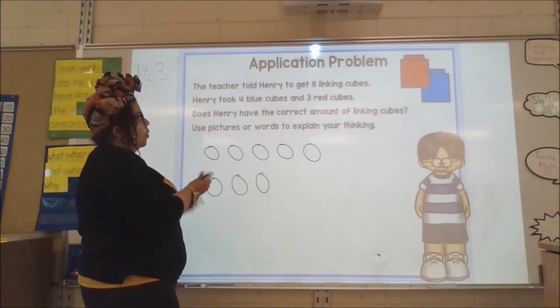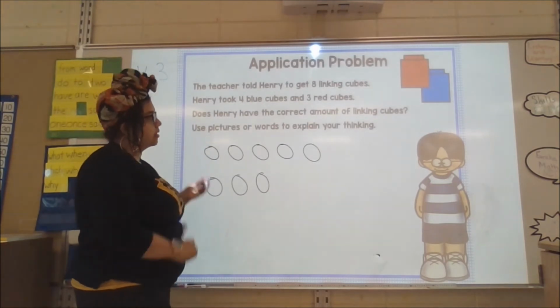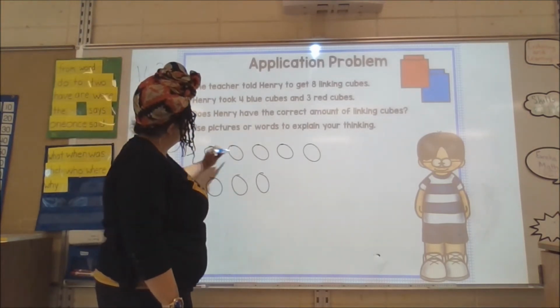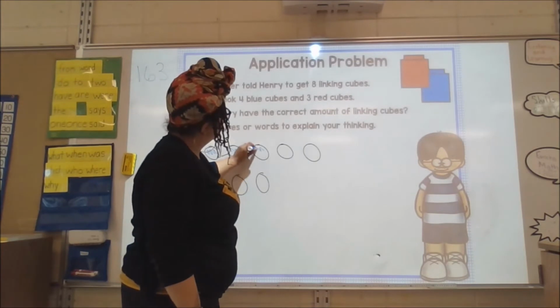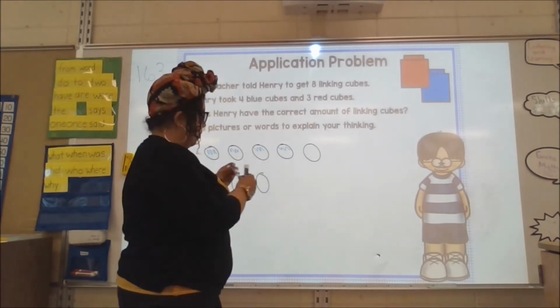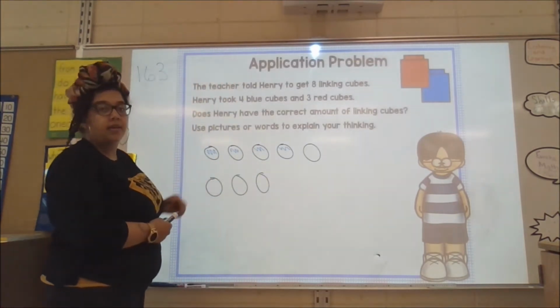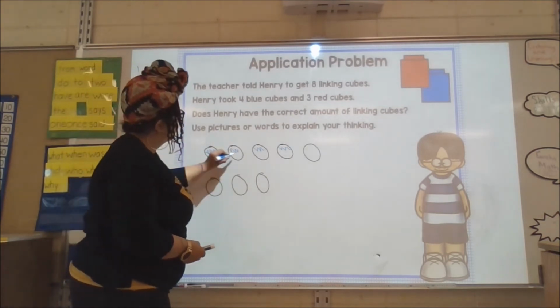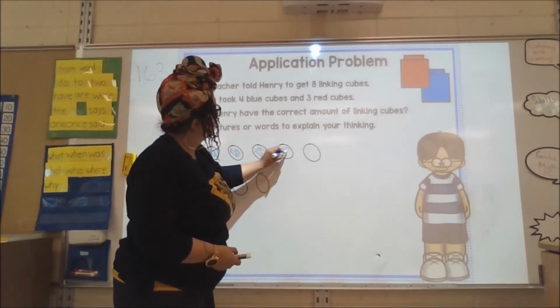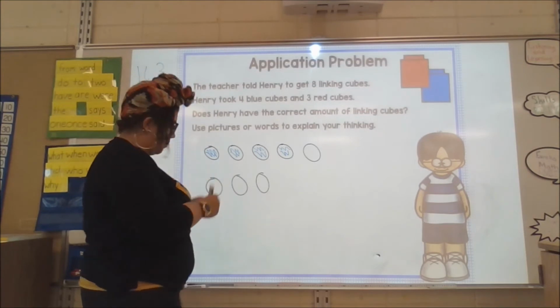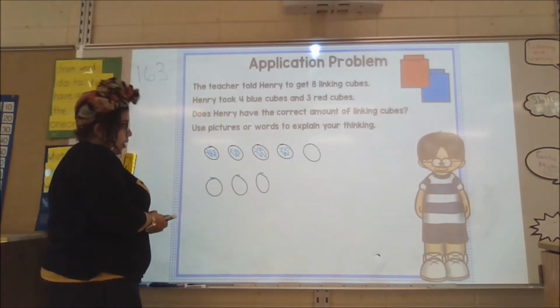Okay, we know that. We know Henry took 4 blue. Let's label 4 of them blue. 1, 2, 3, 4 blue. Right? Can you see a little bit of blue? Yeah? Let's do a little more blue for you guys. Better? That's more blue. Good. All right. And 3 red cubes.